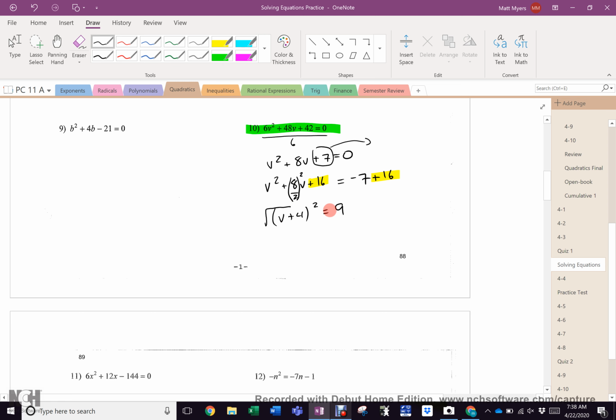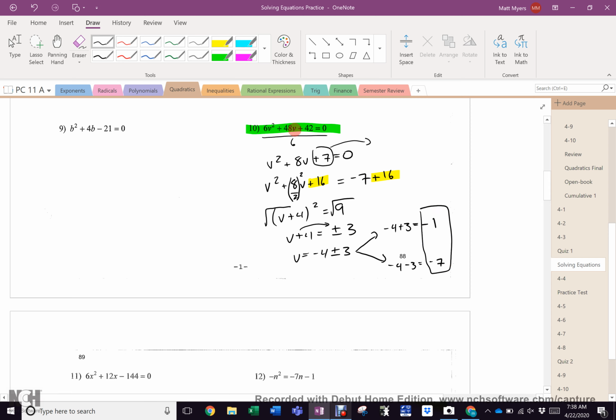Square root both sides: v plus 4 equals plus or minus the square root of 9, which is 3. Bring that 4 over. v equals negative 4 plus or minus 3. Now that means v equals negative 4 plus 3, which is negative 1, or negative 4 minus 3, which is negative 7.